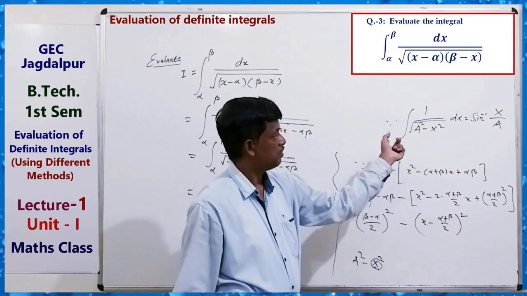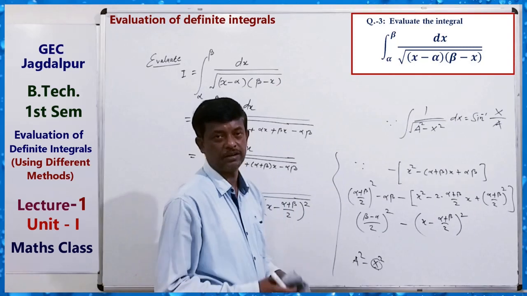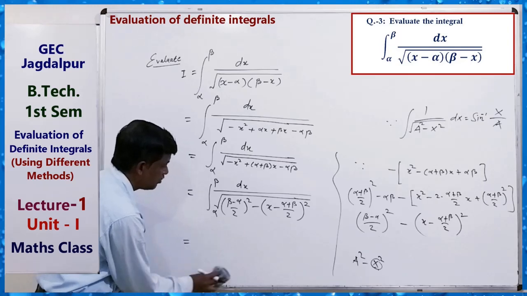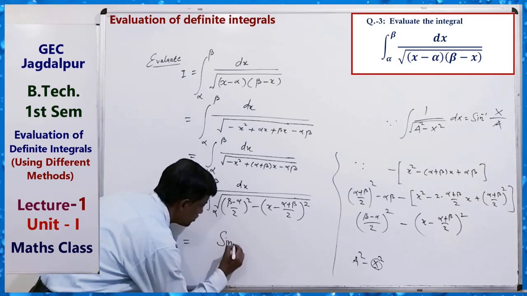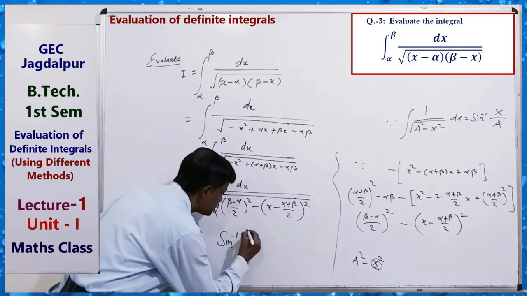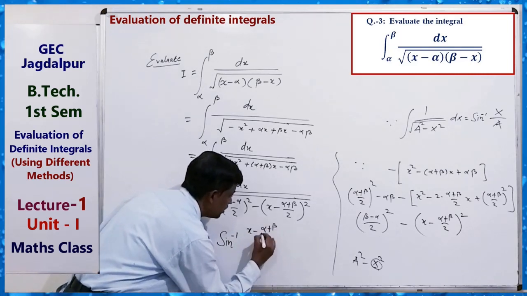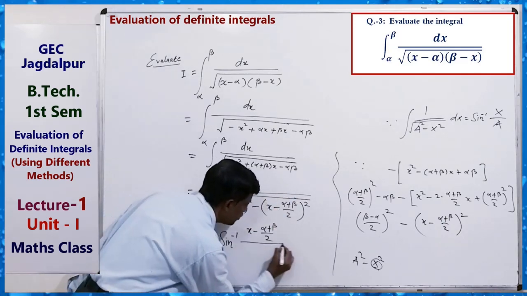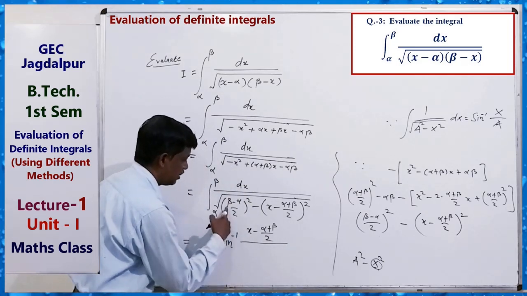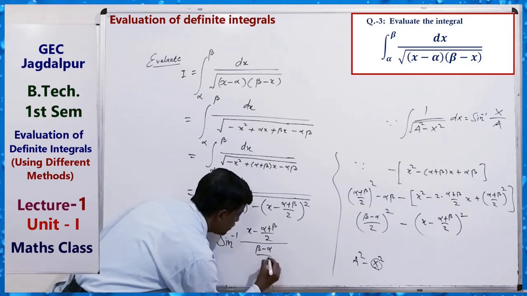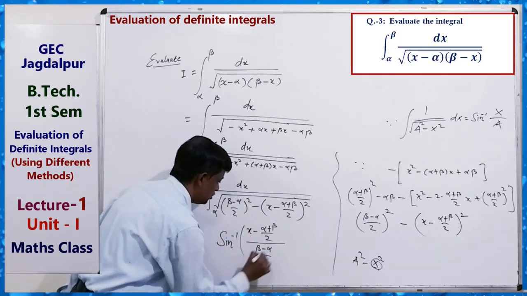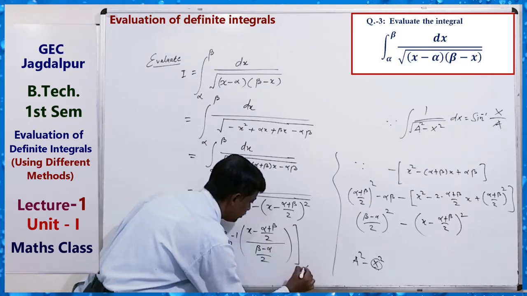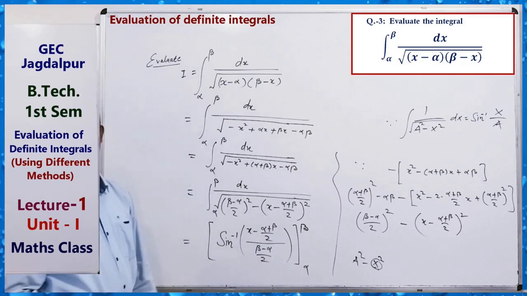In place of x, just put x minus the constant. So we can write its value: sin inverse of x minus alpha plus beta by 2, in place of x, upon a, which is beta minus alpha by 2, and we have to apply the limit alpha to beta. Clear?